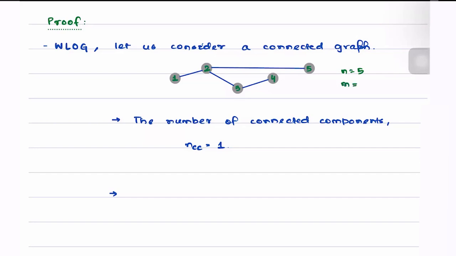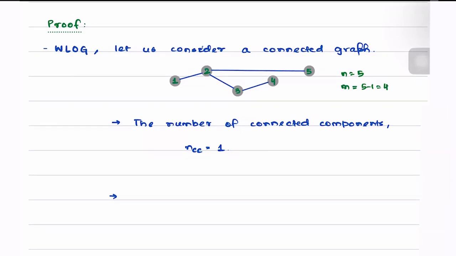And what is the minimum number of edges that I need so that the graph is connected? That is equal to 5 minus 1 given by 4. Hence, we see that it has to have at least 4 edges. But obviously, if I now add one more edge, the graph still remains connected.